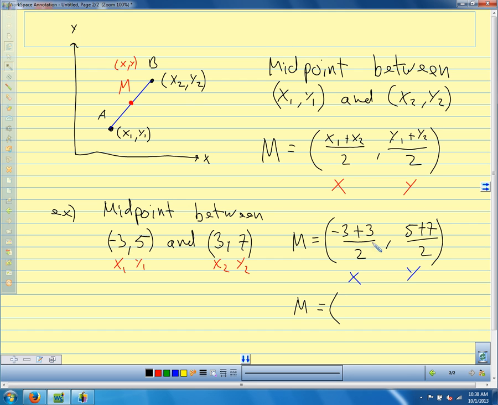Negative 3 plus 3 is 0, divided by 2 is still 0. 5 plus 7 is 12, divided by 2 is 6. So the midpoint between negative 3, 5 and 3, 7 would be the point 0, 6. We could go to my graph and plot that point 0, 6. So we're doing just like we did on the number line, averaging the x's and averaging the y's.